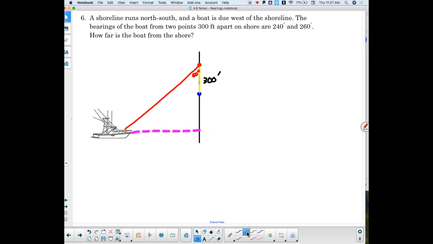That red-yellow angle is 60 degrees. If I'm sitting up here, this is 0, right? So 240 would be down here. If 180 is down here, that leaves this part in there as 60.